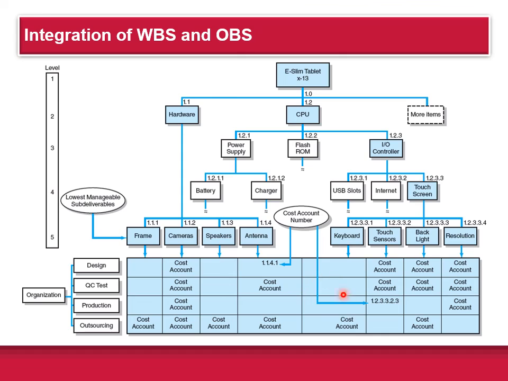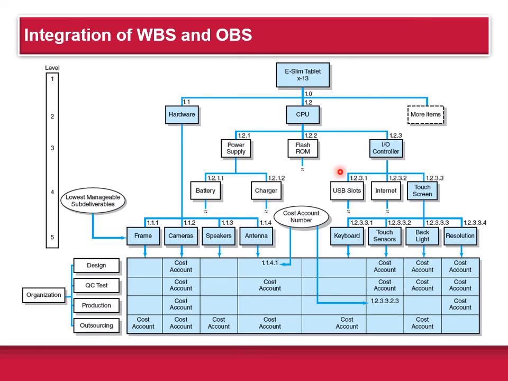For example, at level 5, if you go to the touch screens, you can see it has 3 work packages that have been assigned. Here's one, and here's the other one. The cost control has been assigned to the design, the QC has been assigned a work package, and production's been assigned a work package.